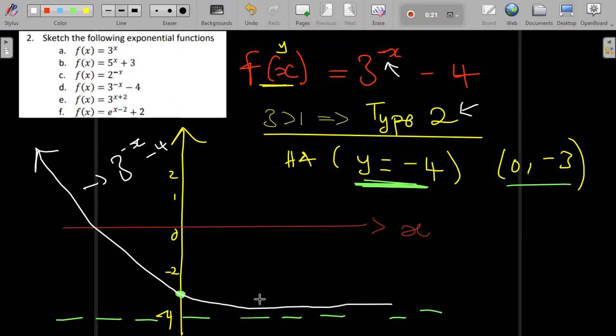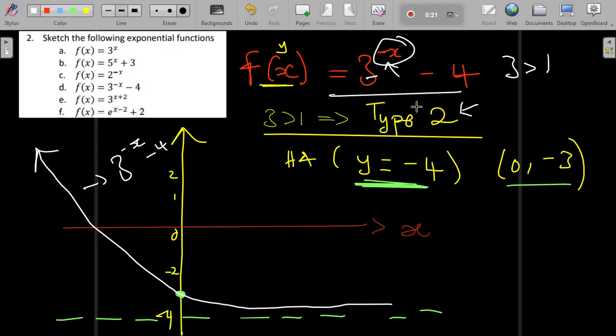So what did we do? We first identified the type. It is type 1 because 3 is greater than 1. But because we have a negative in the power, it changes to the other type, type 2, which starts from the right and then goes to the left like that.